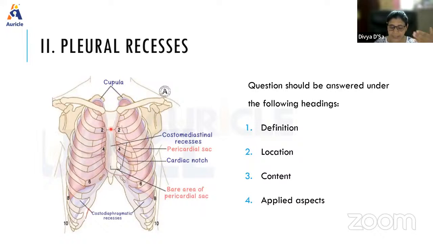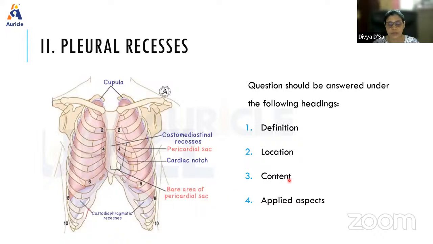So behind that esophagus, there is a small space on the right side and the left side, known as the retroesophageal recess. Then there is a small space where the heart rests on the diaphragm, known as the infracardiac recess. Those are very small spaces, but mainly we have the costomediastinal and the costodiaphragmatic recess.